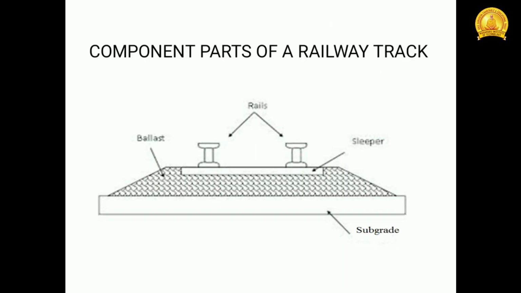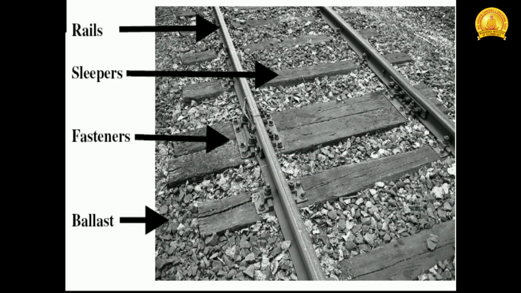This is the typical cross section of the railway track, and you can see the different layers. Initially you can see the rails, below that the sleepers, below that the ballast, and at the bottom the subgrade or the soil.